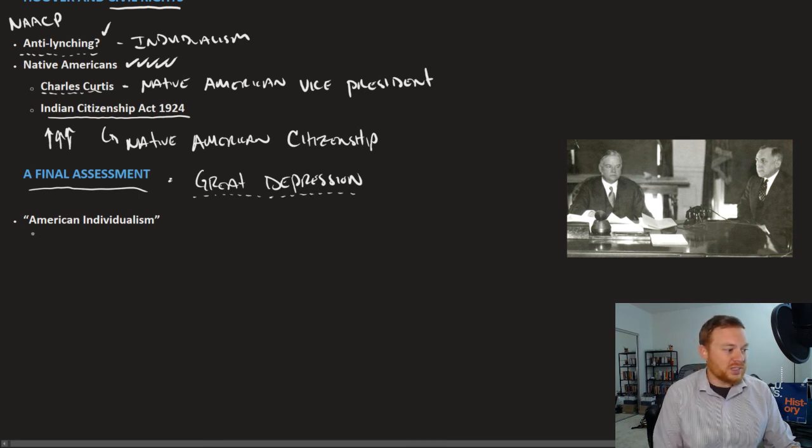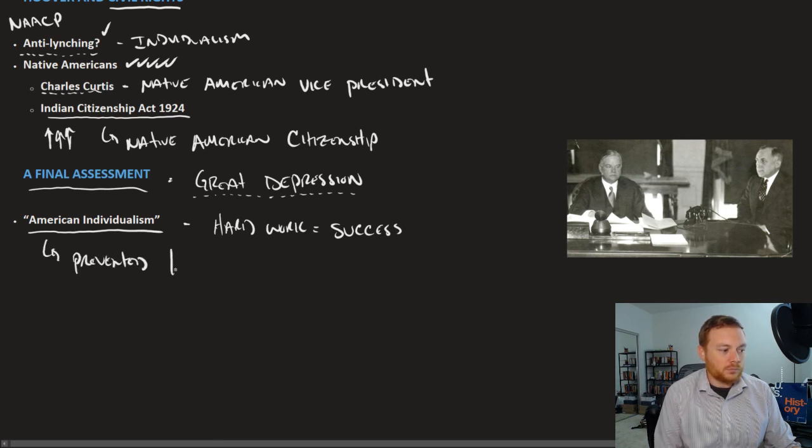And it really was this belief in American individualism, right? And again, this is hard work equals success, that belief. It was really this belief that prevented Hoover from taking necessary measures.